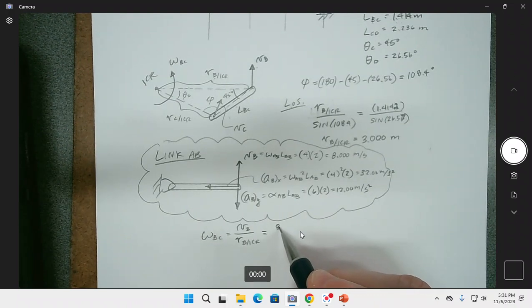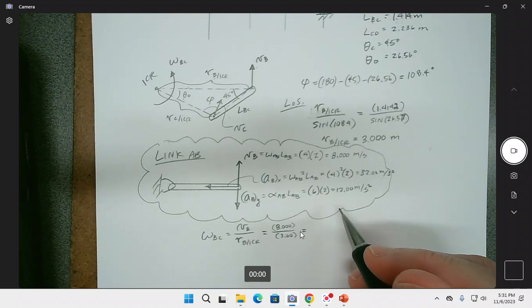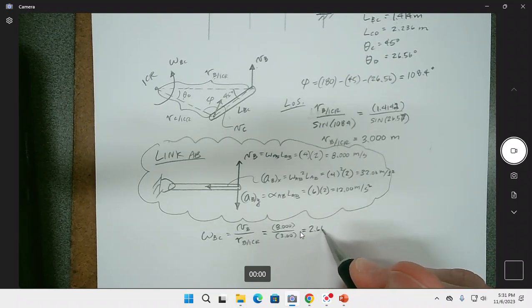So that's going to be 8 divided by 3. Some mortals would be able to do that in their heads, and I'm not one of them. That's 2.667 radians per second.